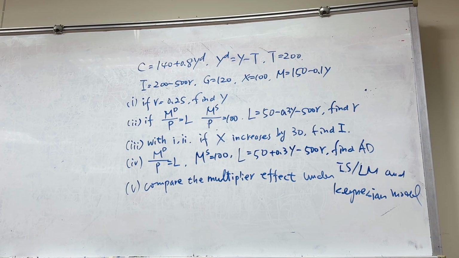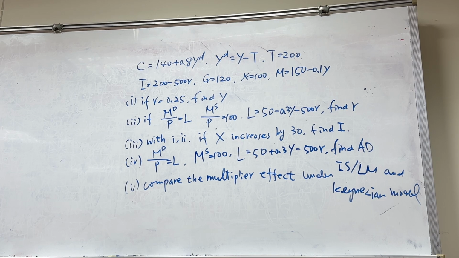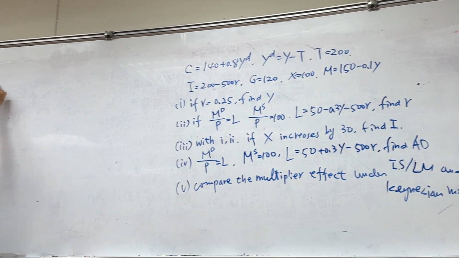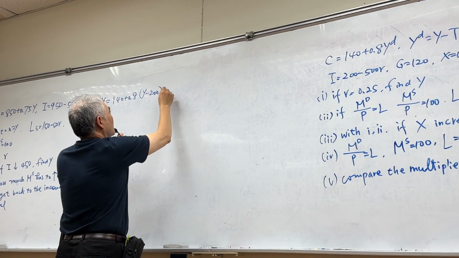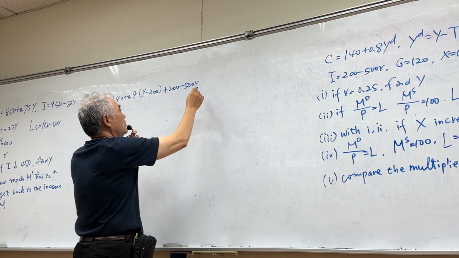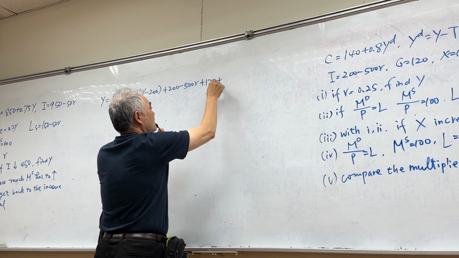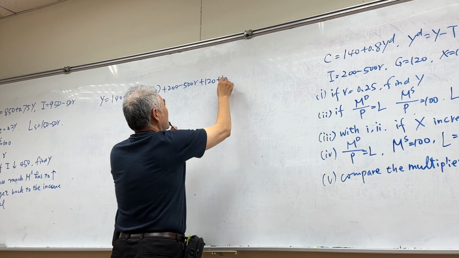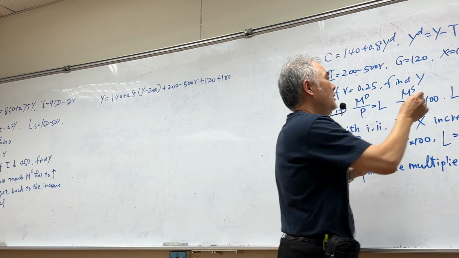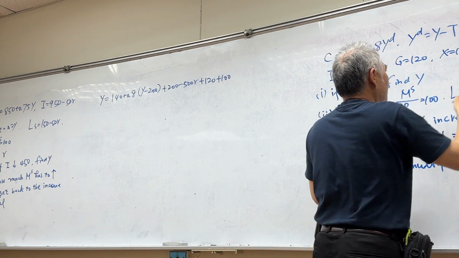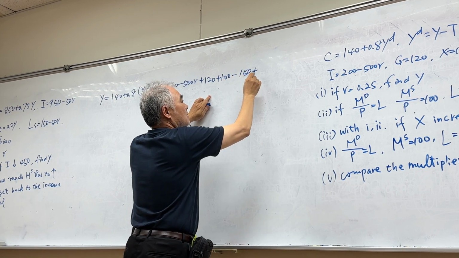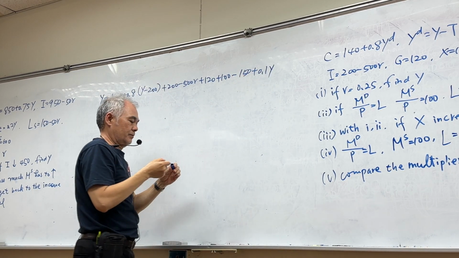Y is equal to 140 plus 0.8(Y minus 200), okay? And then you got I, 200 minus 500R, and G, 120, and X, 100. Okay, remember here, because what we have is X minus M, okay? So then it is 100 minus 150 plus 0.1Y, okay?